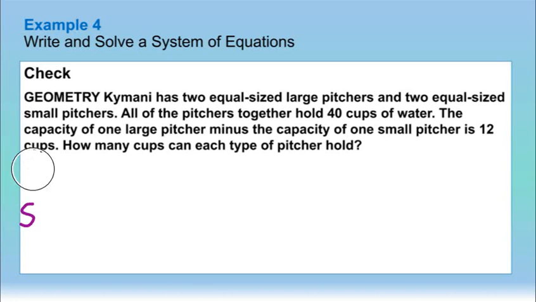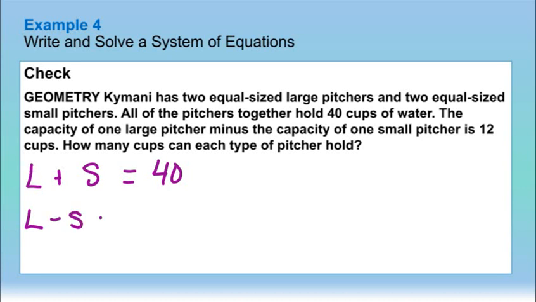So I know that the large plus the small has to equal 40 cups. And the large minus the small is 12 cups. So those are my two equations here.